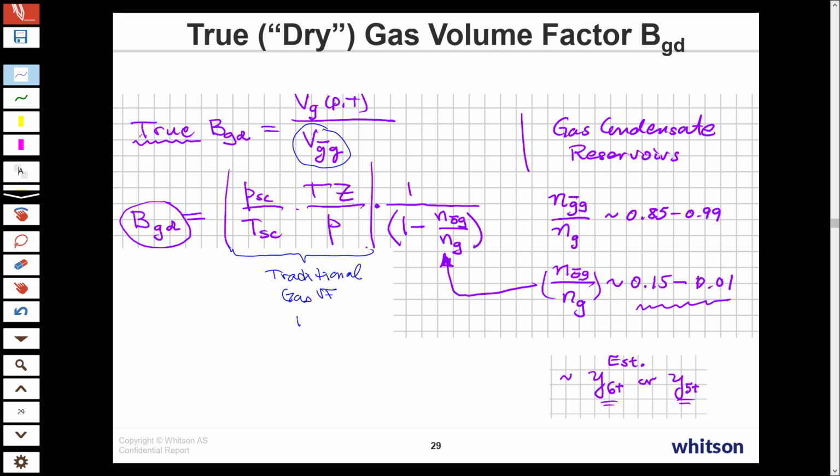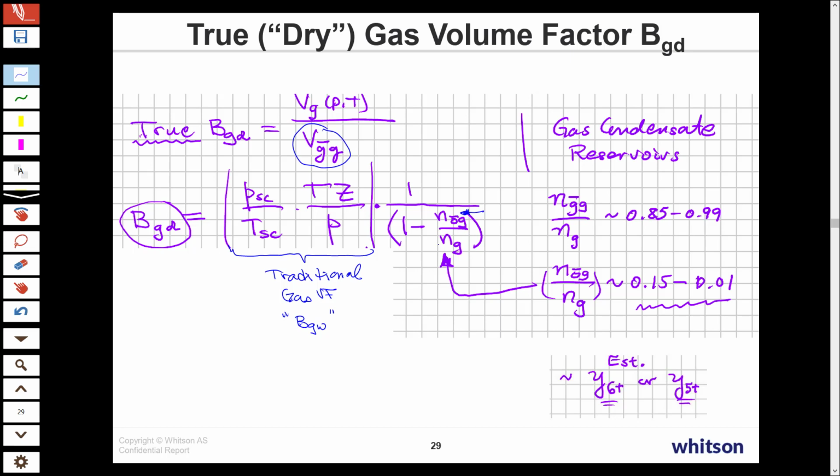But we're going to call that BGW because this assumes all the moles from the reservoir gas end up being surface gas, or the fake gas. Okay, so we're going to call this BGW, what we calculate from the traditional equation out of the textbooks. But then that needs to be corrected for this amount of moles that actually turns into a condensate.